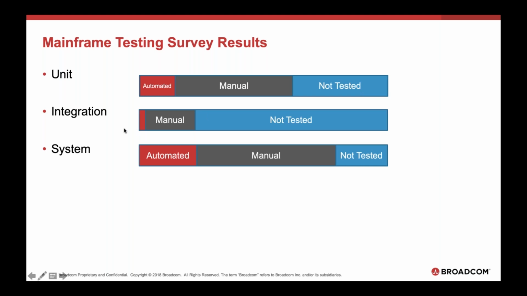Integration testing, and we haven't even gotten into what that is yet, but barely anything is automated there. There's a little bit that's done manually, but for the most part, on the mainframe side, not a whole lot of integration testing is done. System testing, a decent bit of it is automated. A lot of it is actually panel-driven automation that folks have built out over many decades, and then a lot of it is done manually.